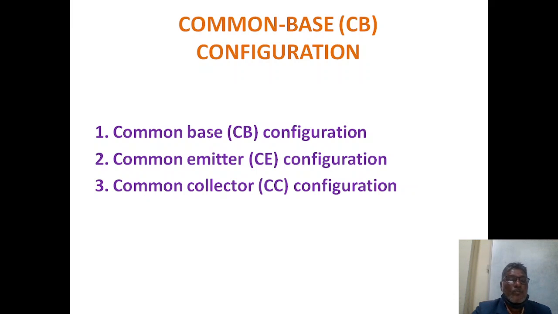First is the common base configuration or connection, which is called CB connection. CB means common base connection and configuration. Second method is common emitter configuration, or CE configuration or connections of a transistor.